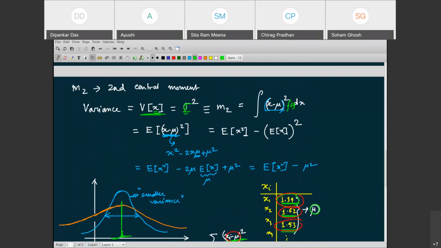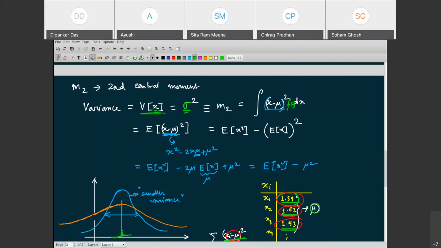That's why we denote it by sigma square: if we need to keep track of the dimension of x, we know that sigma carries the same dimension, and if we need to make something dimensionless, we just divide the quantity by an equal power of sigma. That's the standard way of doing so.